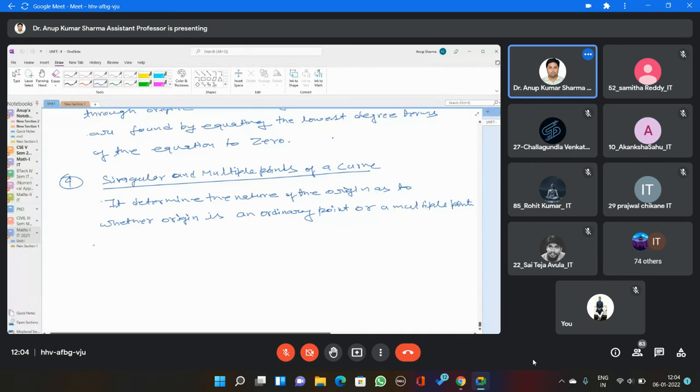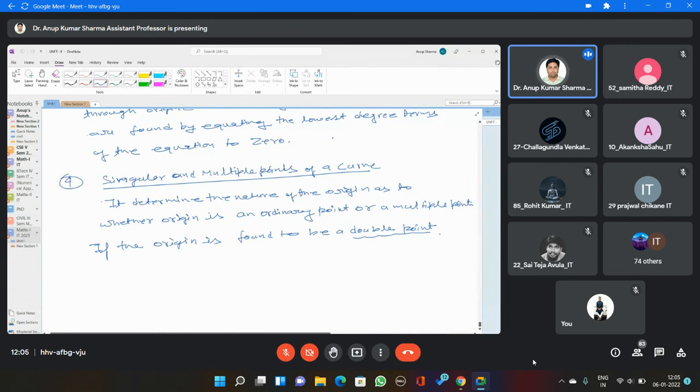So that means if the origin is found to be a double point, the origin is what, ordinary or multiple point? On that, the double point is important, it comes under the multiple points.